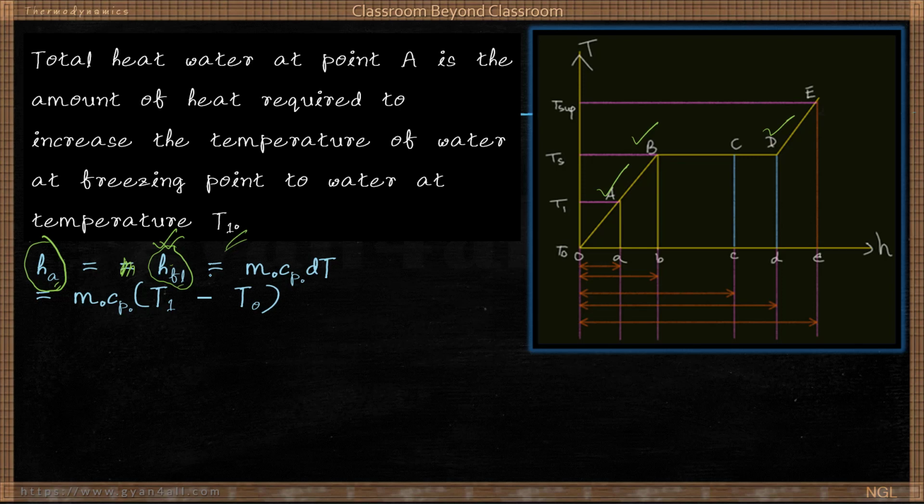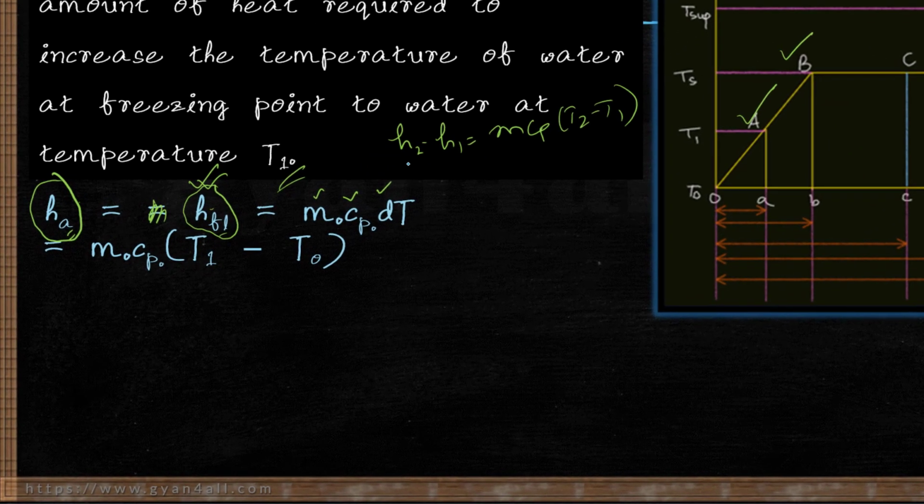And for that we know the formula was mCp dT, because what is heat? H2 minus H1 is equal to, can you remember, mCp (T2 minus T1). Yes, change in enthalpy is mCp (T2 minus T1).